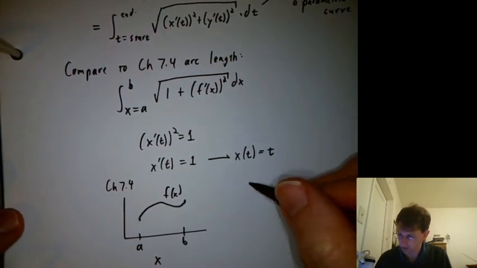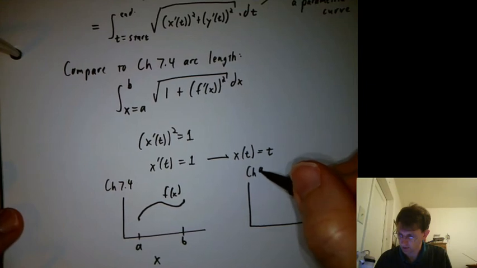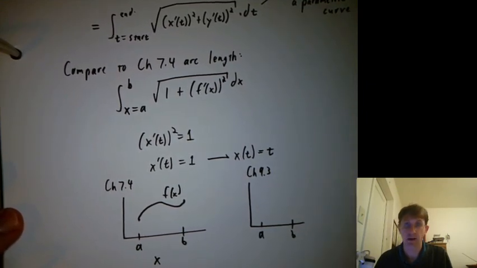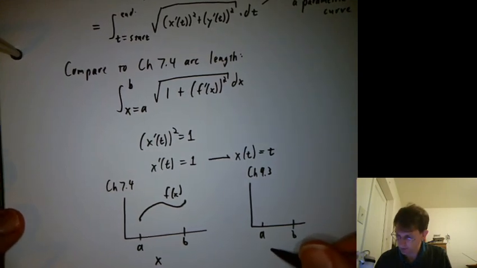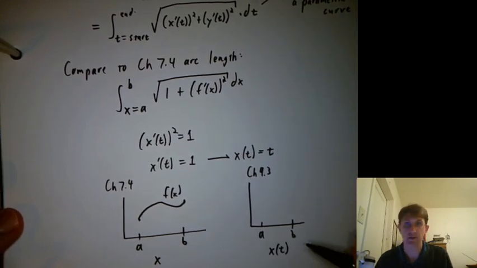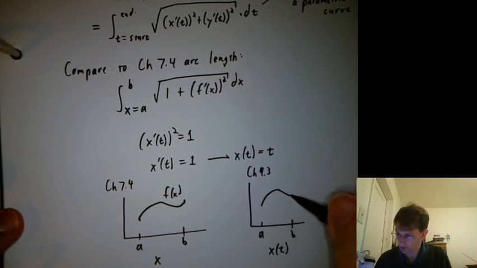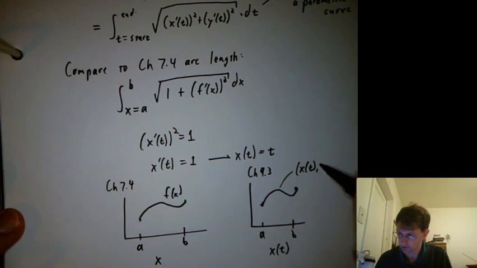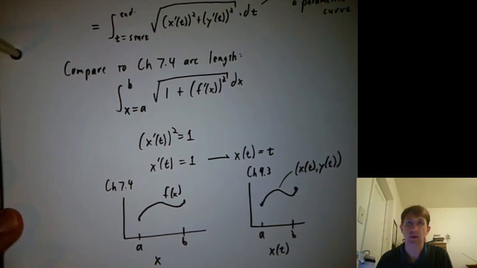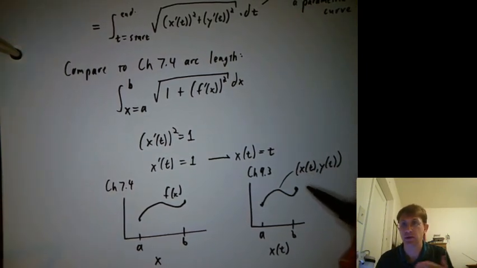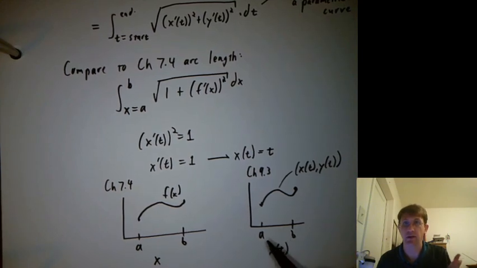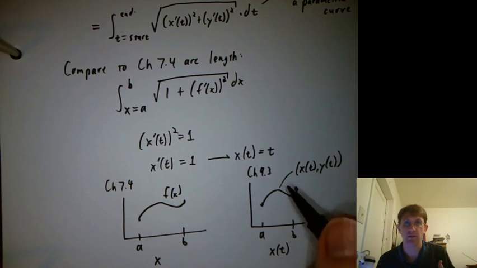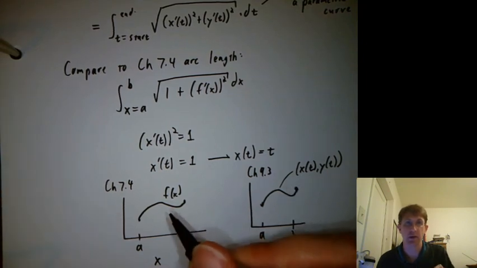And then here in our chapter 9.3 point of view, we're starting here, we're stopping here, and this is the x-axis, but it's kind of x of t, and we'd be doing the same thing, and this curve would be x of t, y of t, but with x of t just being t. So it's parameterizing, but letting the x value be exactly the same as t, which is how we would get back to this situation.